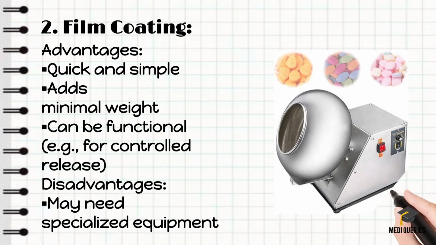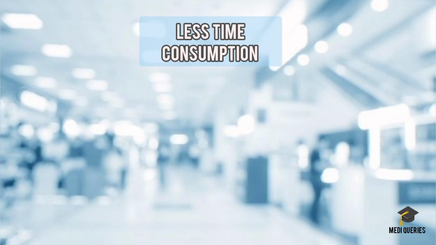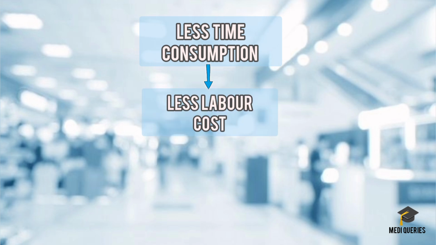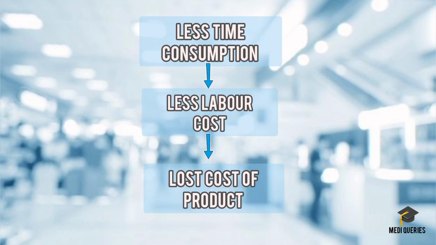Not much labor is required, as automatically there is a decrease in the time consumed by this method, so the labor cost will also be decreased here. It has no adverse effects on the disintegration of the tablets, and the product cost is also very low, as there is a decrease in time consumption, labor cost, and the materials used for the coating are also very few, so the product cost will obviously be less.